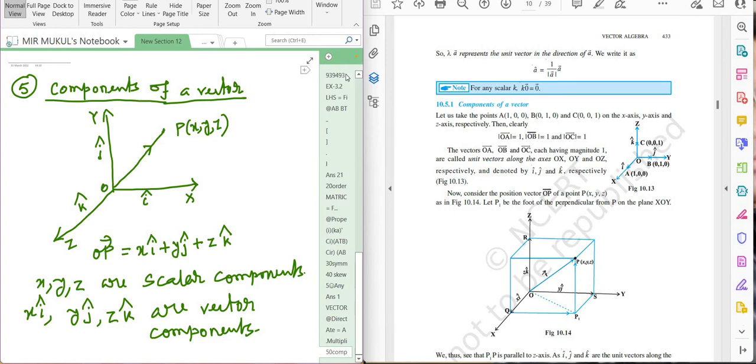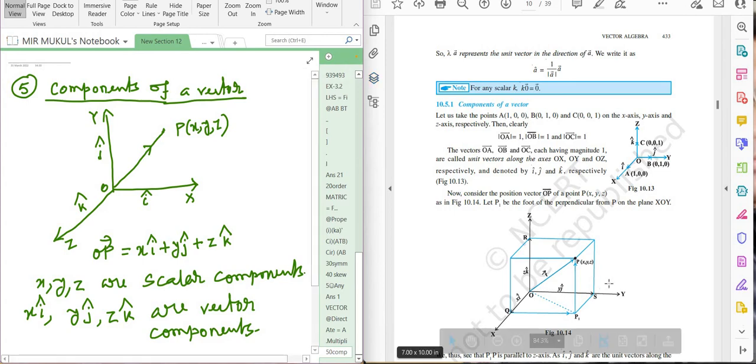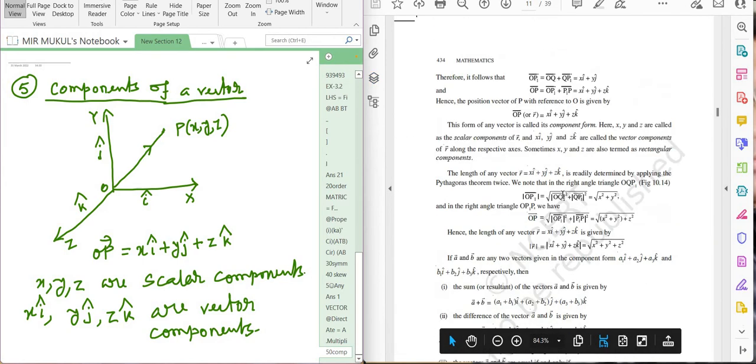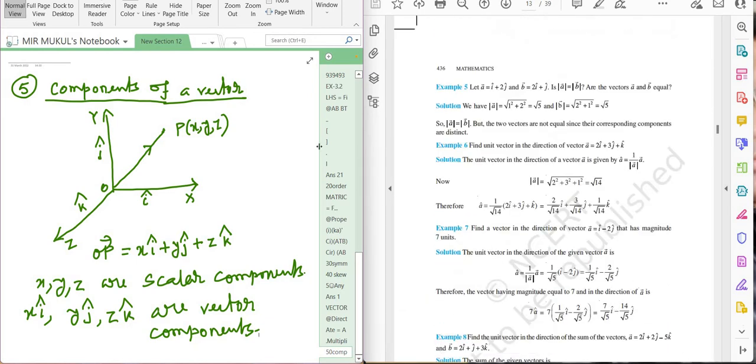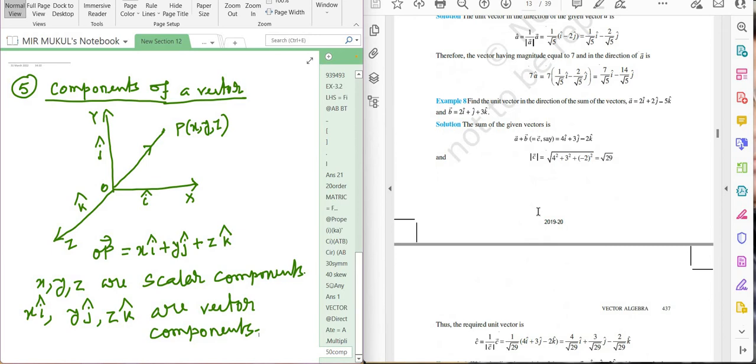Okay, so these are the components of vectors. I hope you understood. Okay, now next topic.